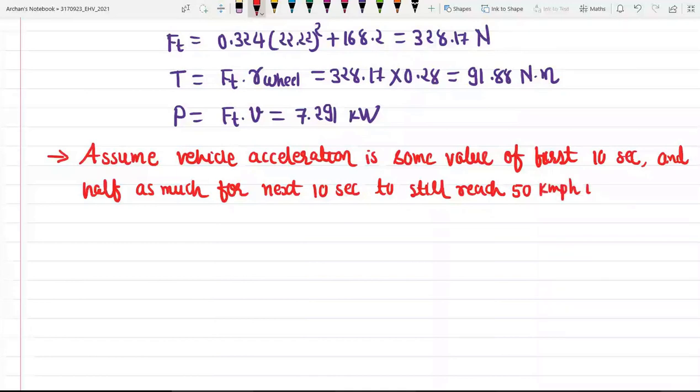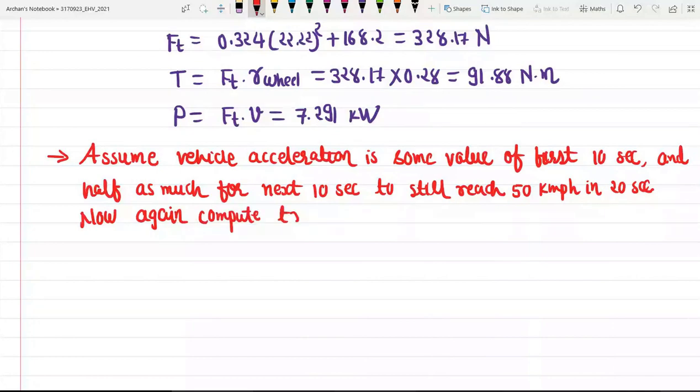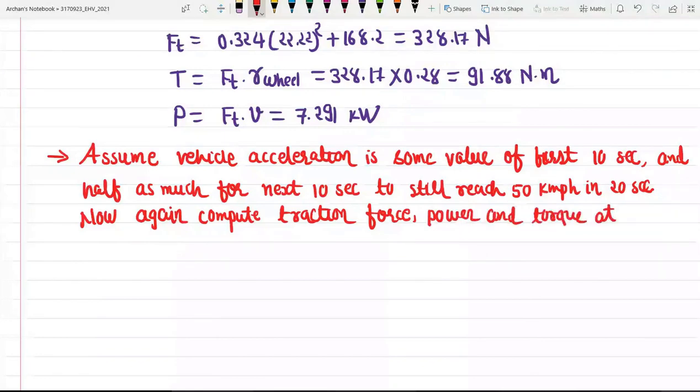Now again you need to compute traction force, power, and torque at 30 kilometer per hour, 50 kilometer per hour, and 80 kilometer per hour.